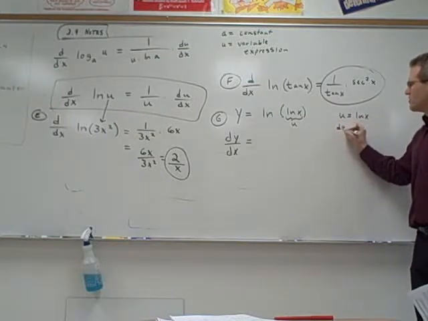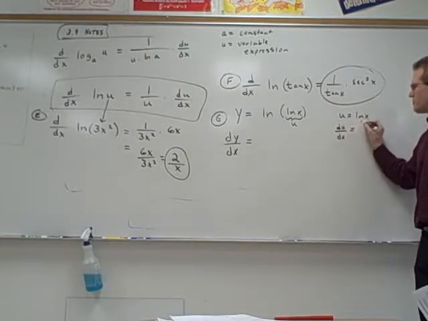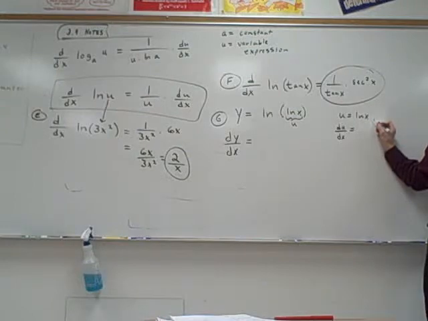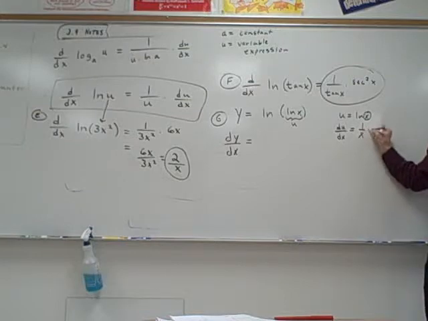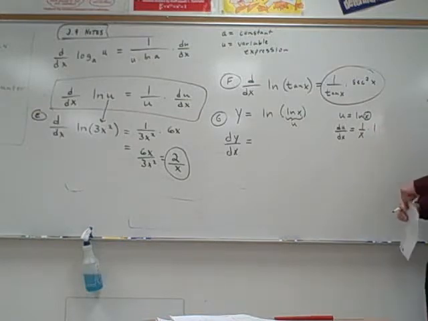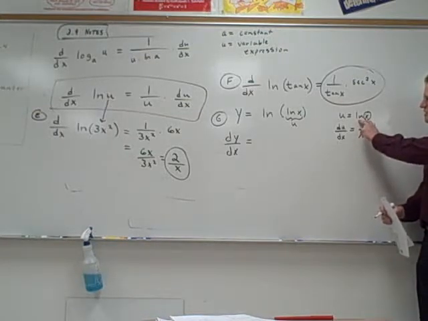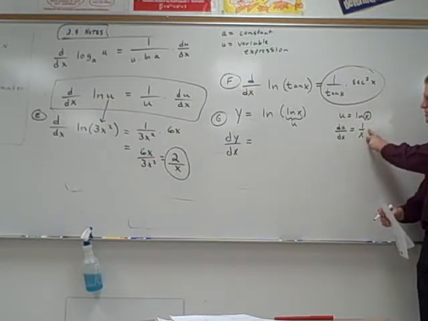So what would be the derivative of u? What's the derivative of natural log? 1 over u times derivative. Right, so in this case though, now I'm going to do 1 over x times the derivative of x. To get the derivative of this, I do 1 over x times the derivative of x, which would be 1. So the derivative of natural log of x is just 1 over x.